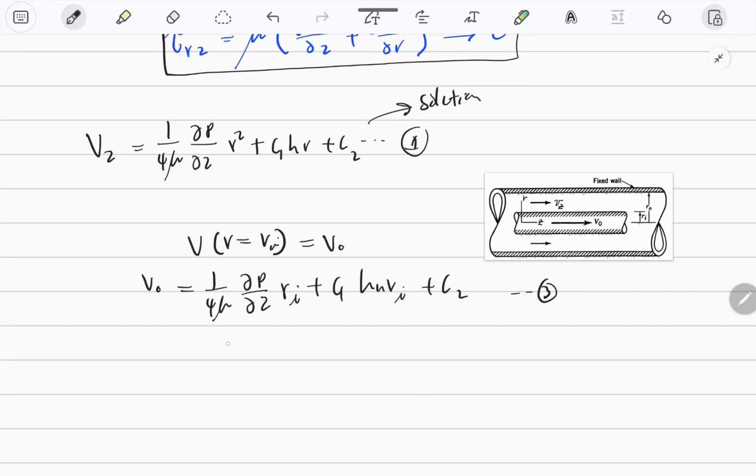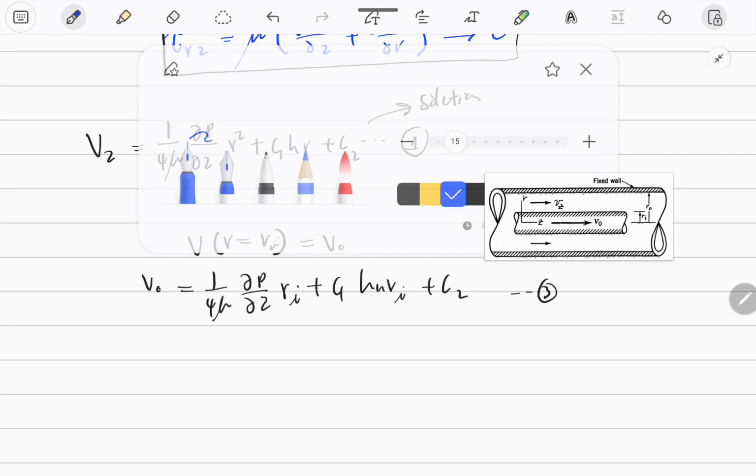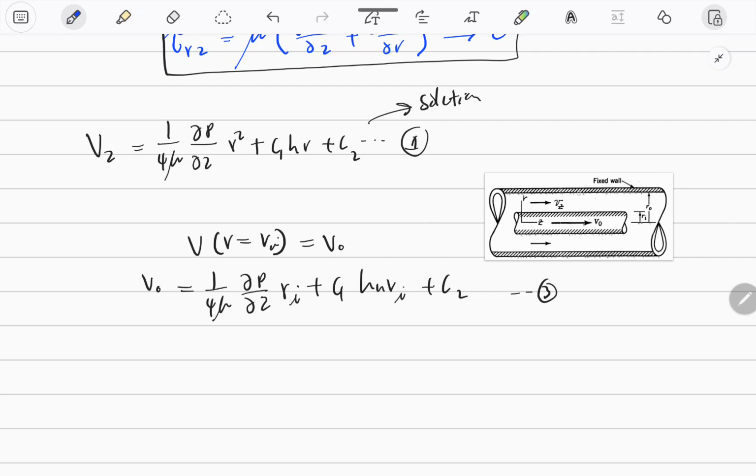Let me try another boundary condition, with a blue one. When I'm on this edge, when r is equal to R naught, what is my V going to be? It's going to be 0, because the outer tube is fixed, while the inside one is moving.